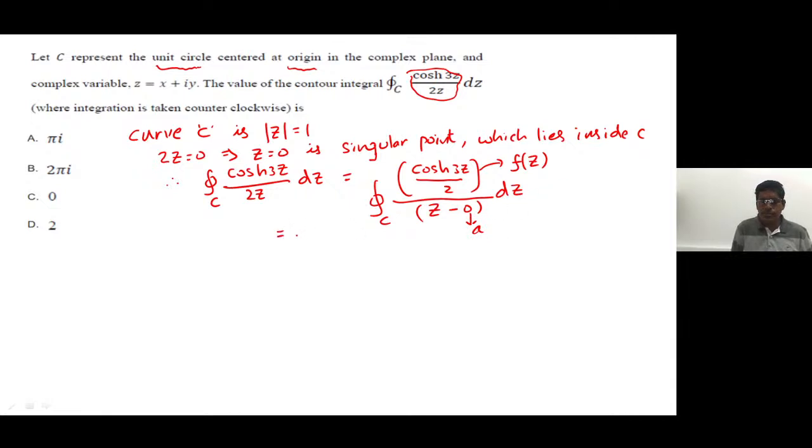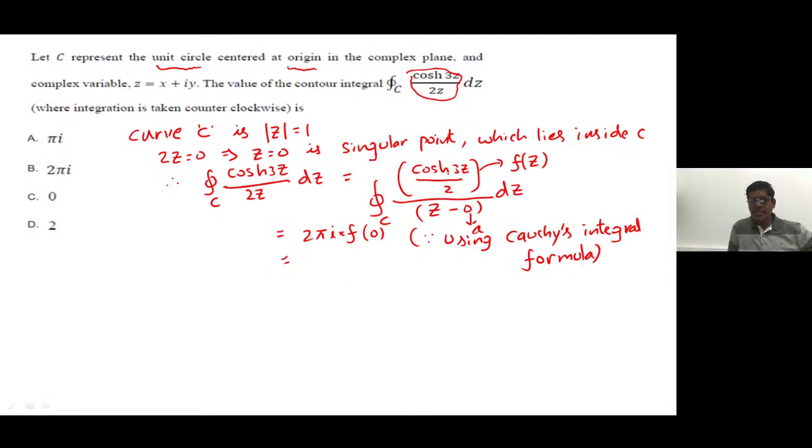So this is equal to 2 pi i into f of 0, using Cauchy's integral formula. So how do you get f of 0? Here f of z is cos h3z divided by 2.